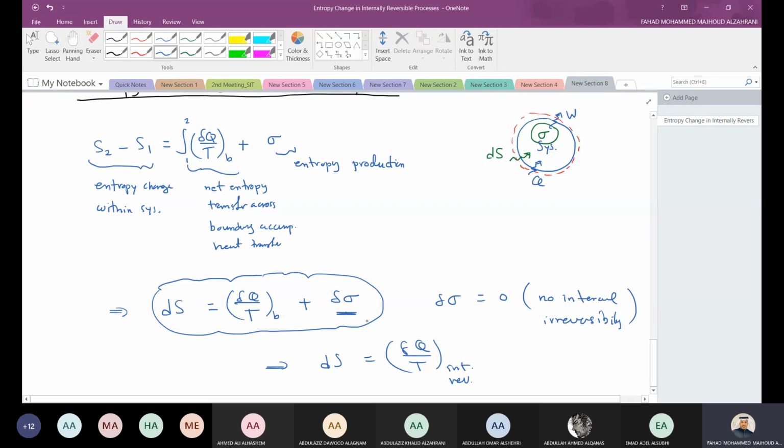That's why, when we introduced the area under the TS diagram and said this is the heat transfer, this only applies for internally reversible processes. For irreversible or internally irreversible processes, you cannot apply the area under the curve because you have a generation term here that you should take into account. So you cannot use just the TS diagram. Is this clear?